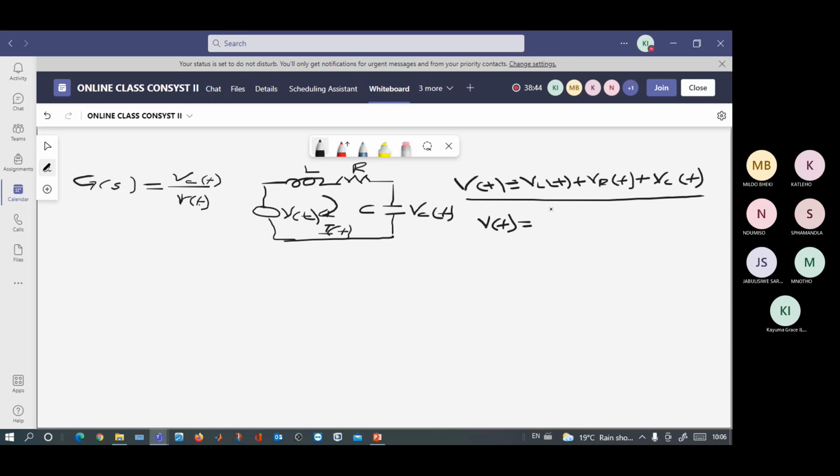We know from the table that the inductor voltage is L times di(t)/dt. So that's why we're going to have here L, the inductor, times what?